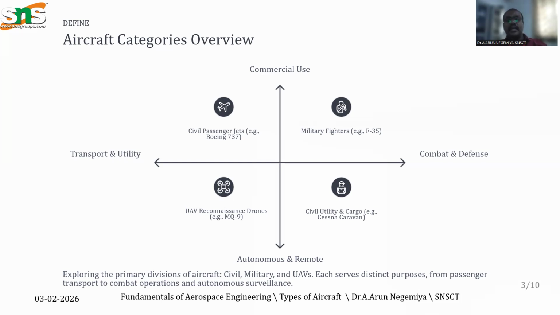Military fighter jets are used for defense purposes only. UAVs and drones are utilized as autonomous and remote control aircraft. These aircraft can be utilized by the military for surveillance and border monitoring.